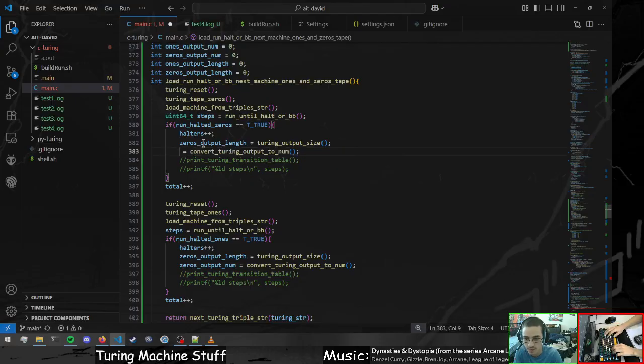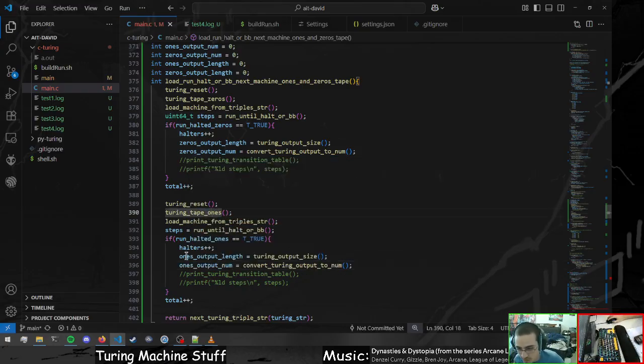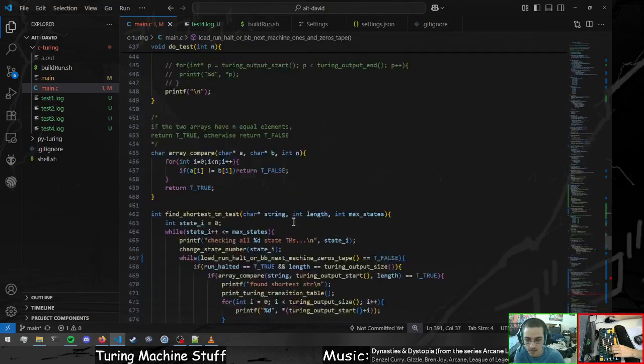Whoops. Oh my god, rookie mistake. Alright, is this correct? So we do ones, length, size, output, ones, number, size, zeros. Okay, that is much better. We do turn reset. Load machine, perfect.